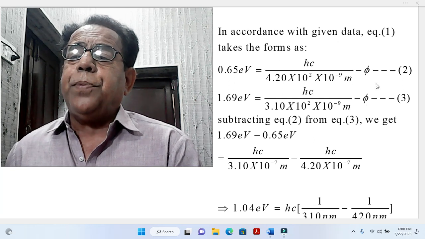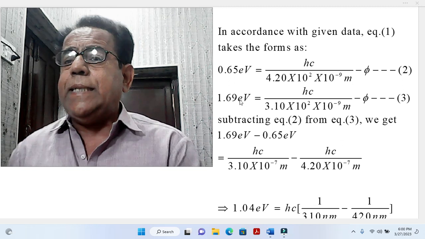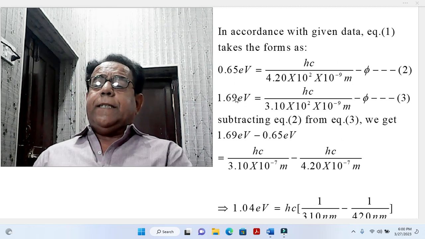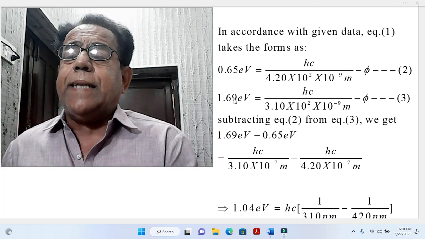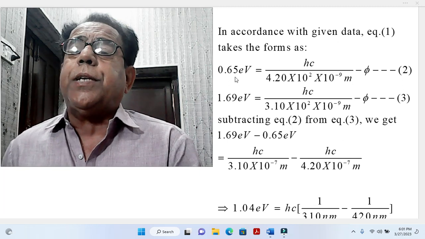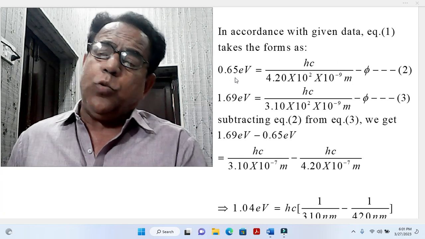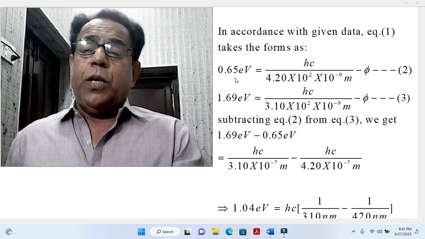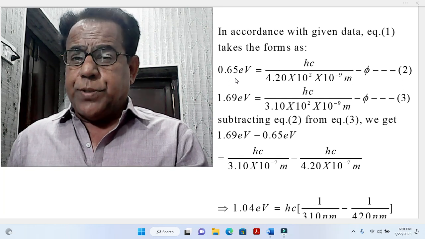Actually, dear students, equation number 3 is greater. In equation number 3 the stopping potential is greater than the stopping potential of equation number 2. So we will subtract equation number 2 from equation number 3, so that our stopping potential becomes positive.